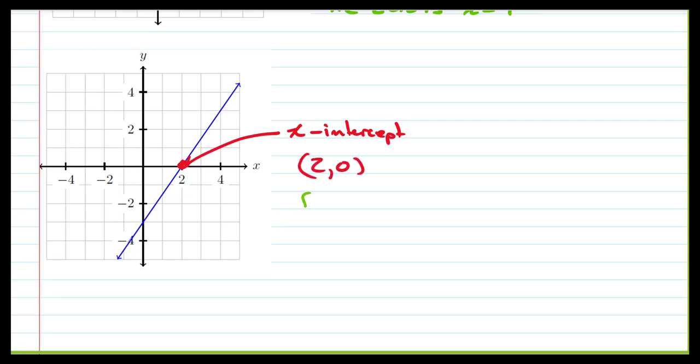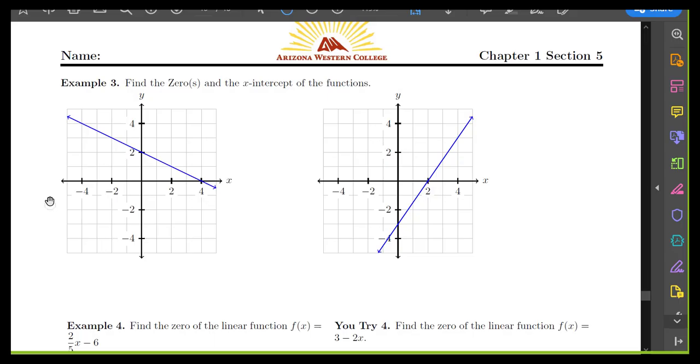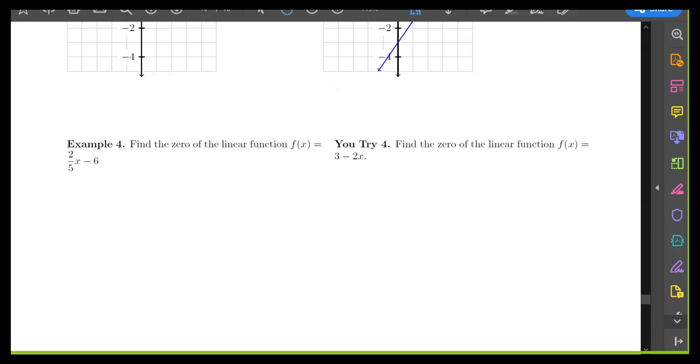So then our function notation would be f of 2 equals 0. So our 0 is x is equal to 2. So that would be our x-intercept and the 0 of that function. All right, so let's keep building on this idea.